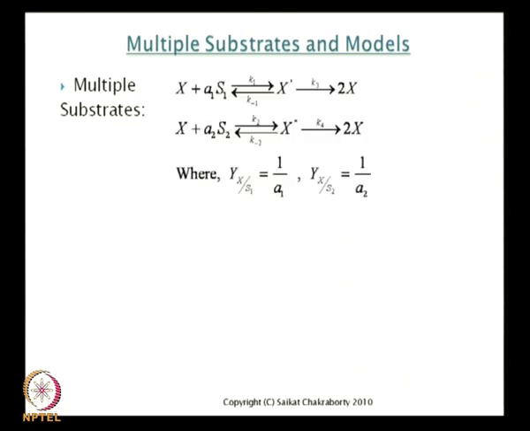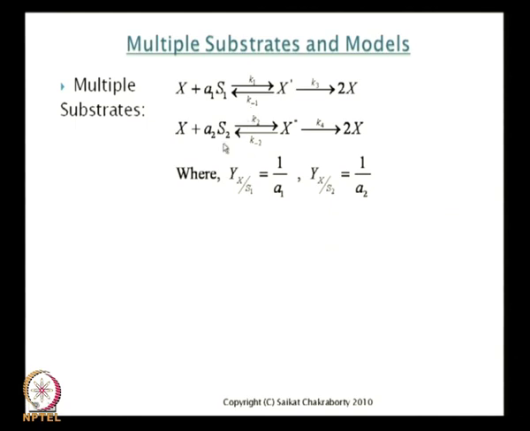So this is what you see on the screen: X is your starting cell, and S1 is substrate number 1, and you get the daughter cell 2X, but through the formation of the intermediate compound, intermediate cell X prime, which is one route with a set of reaction coefficients K1, K minus 1 and K3.